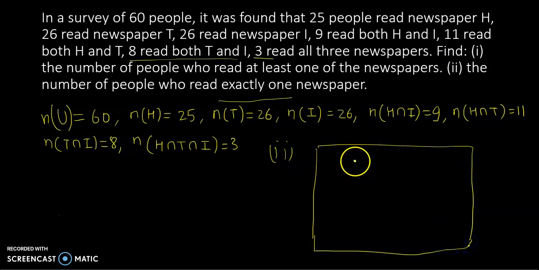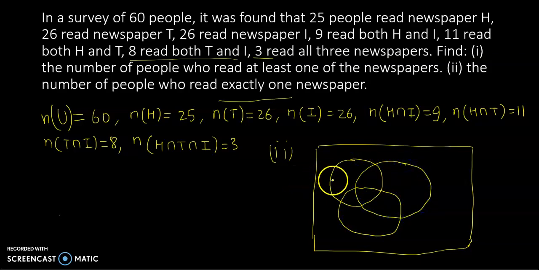I have got people reading H, people reading T, and people reading I. This is H, this is T, let's say, and this is I. First, let us see how many people are in H and T. H and T is this portion right here.